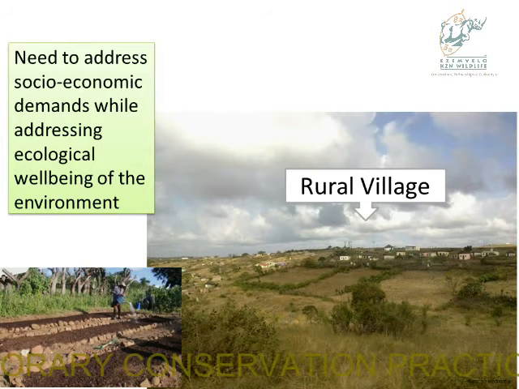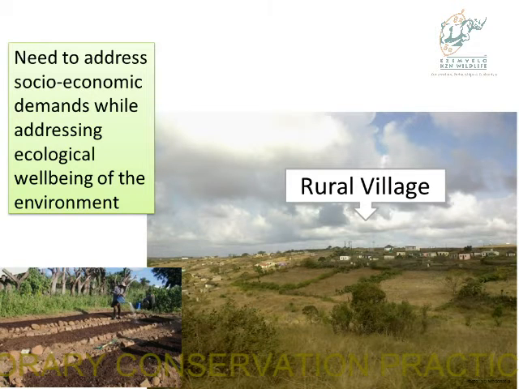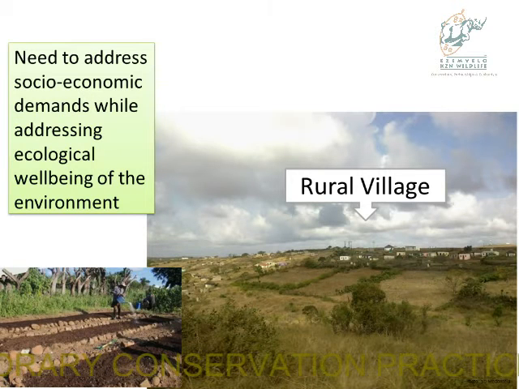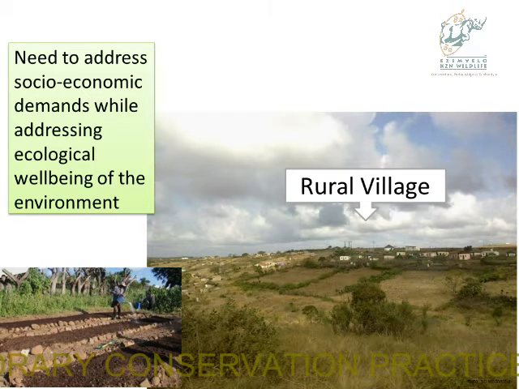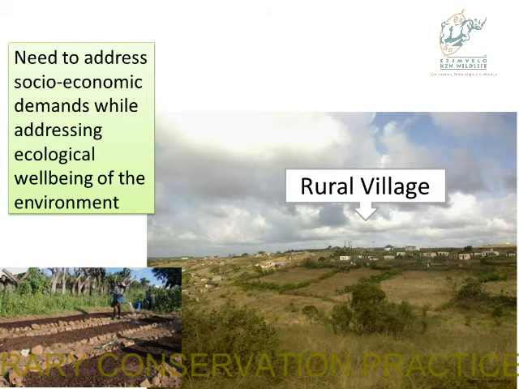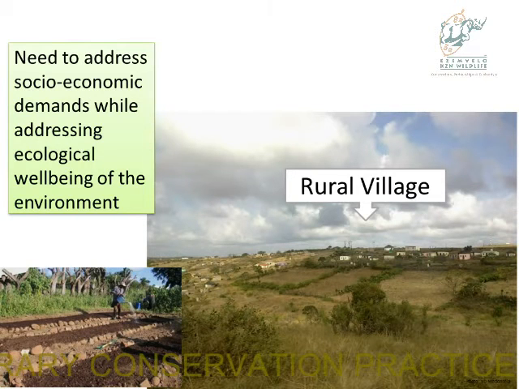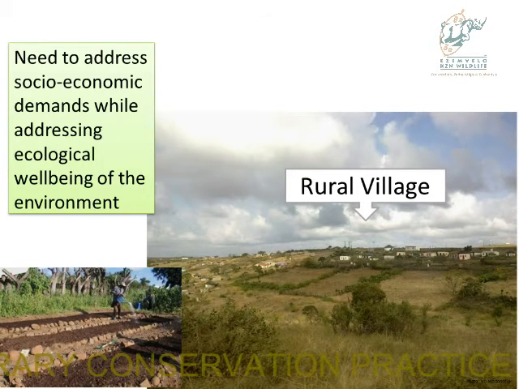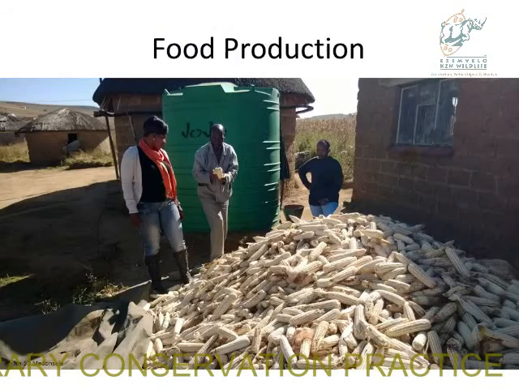But they cannot do this without addressing their socio-economic needs, because these people live off the land and they also need to survive. So ways that are friendly to the environment need to be introduced, and they need to be supported in them while they are taking care of their environment.